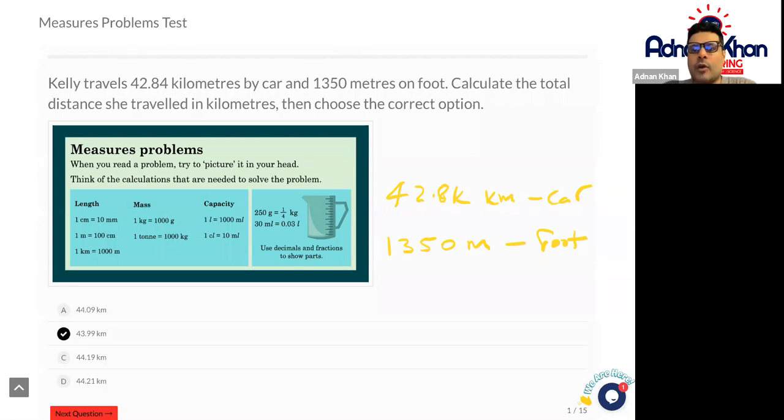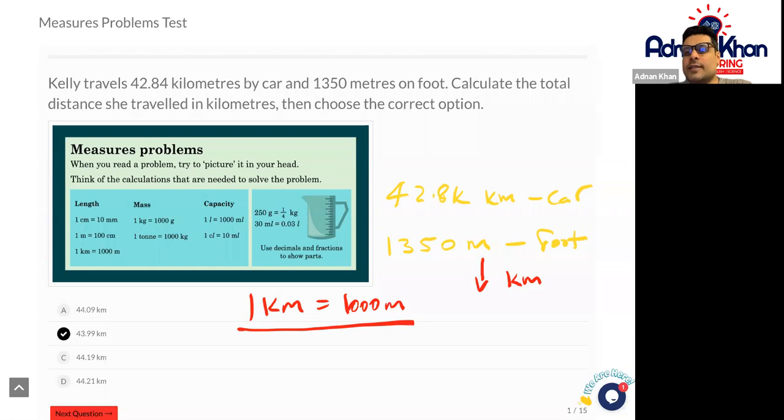Now, how many meters are there in a kilometer? Let's work this out first of all. In 1 kilometer, there are 1,000 meters. Now to convert meters into kilometers, we need to divide this number by 1,000, because in 1 kilometer, we have 1,000 meters. Now, when you divide by 1,000, in 1,000 we have 3 zeros.